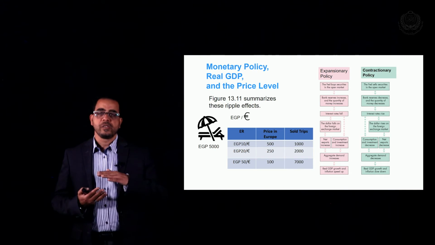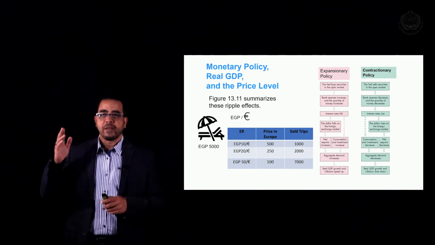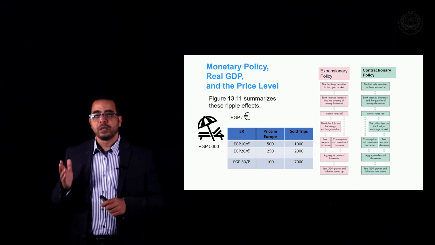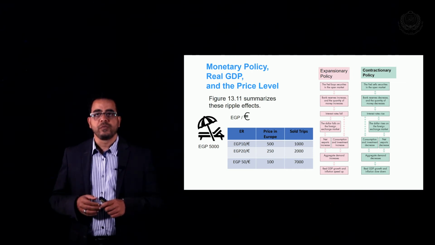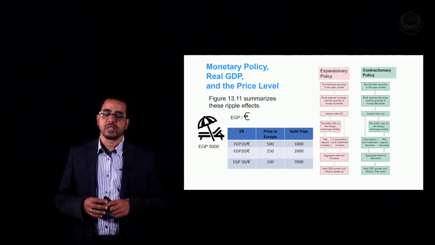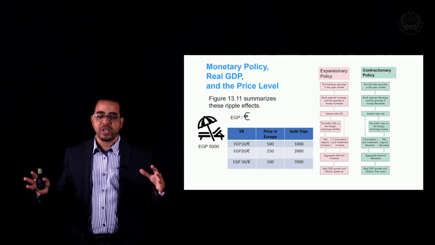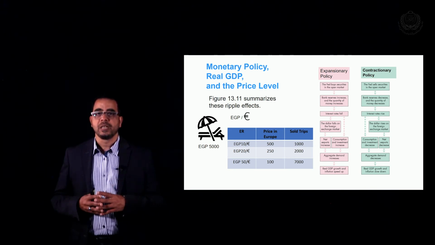So what happened here? The number of people interested in this trip has increased. If the value of the pound went down even further to 50, the trip is 100 euros and the people interested are 7,000. So our sales of this trip are increasing, which means our exports are increasing.